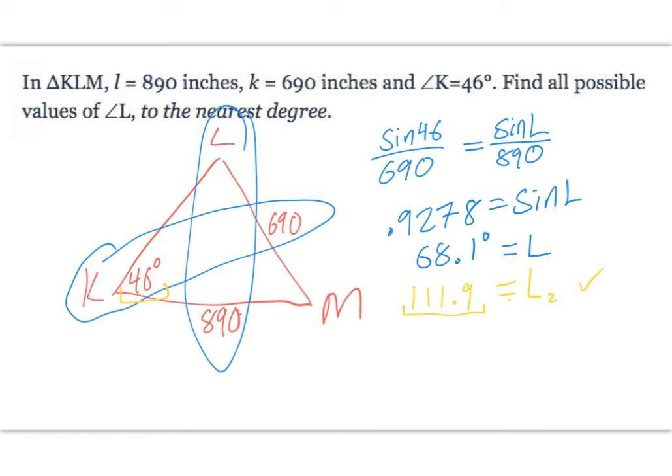And then we've got 68.1 and 46, definitely less than 180, so that would work too. These are the two possible values of L. I didn't do them to the nearest degree, so I guess that would be 68 degrees, and 112 degrees. We're not being asked to find the whole triangle, just the angles given this ambiguous case.